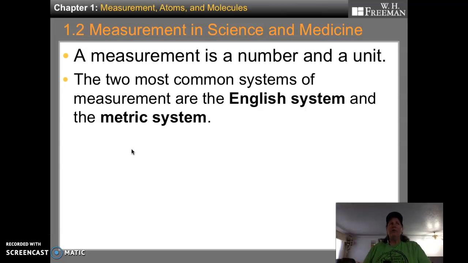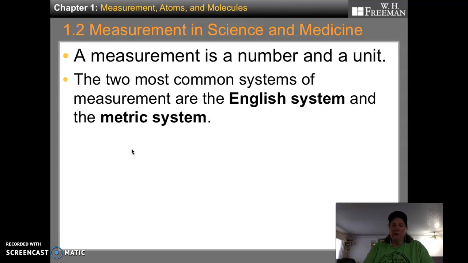Of the roughly 8 billion people in the world, 7.8 billion use the metric system. A very small portion of the population uses the English system.